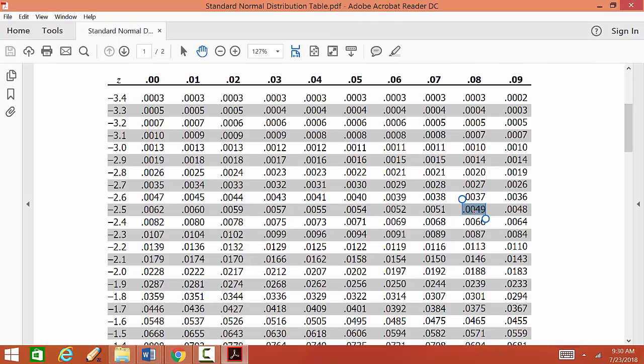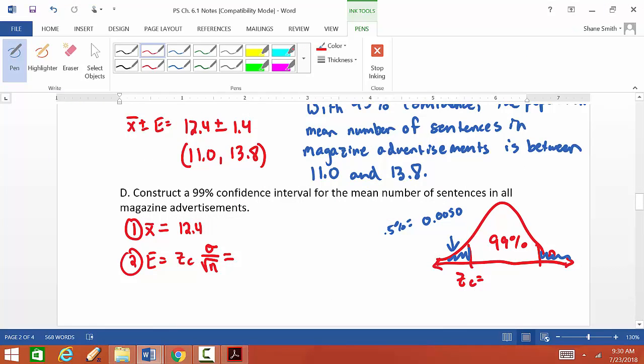Well, that's negative 2.575, because these are the same distance away from 0.005. So I have to average negative 2.57 and negative 2.58, and that's negative 2.575. But I'm going to use the positive z-score in my actual calculation. So I'm going to have 2.575.